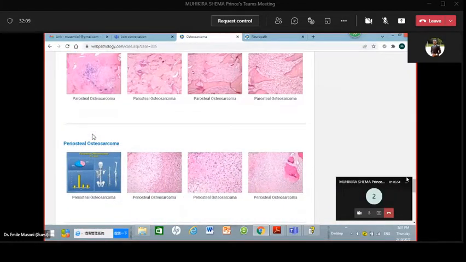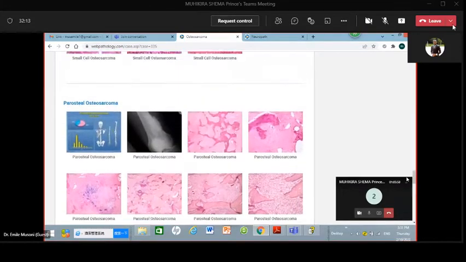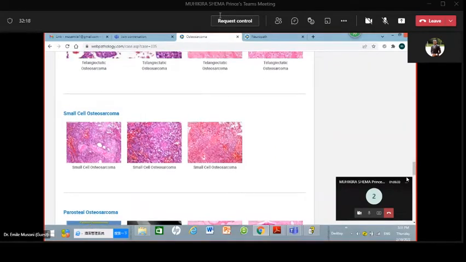The first treatment for osteosarcoma is not surgery. Most important is chemotherapy and radiotherapy. Maybe surgery will come after, but the most important is chemotherapy and radiotherapy and quick diagnosis without a delay.